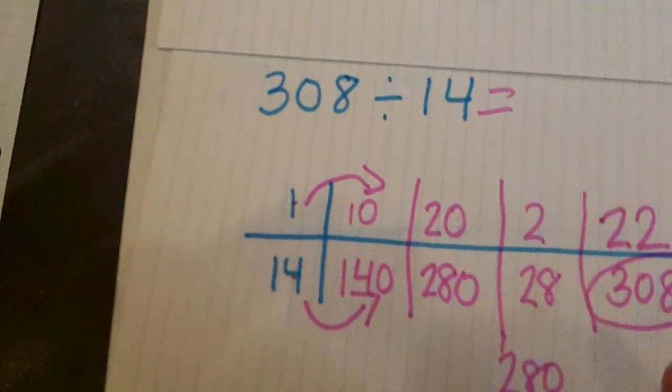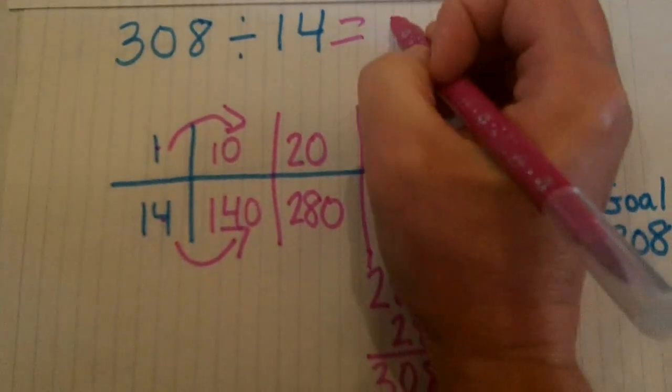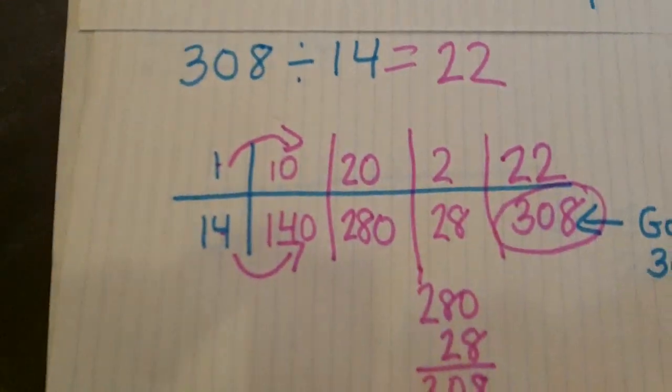So my answer for this would be 308 divided by 14 would get me an answer of 22.